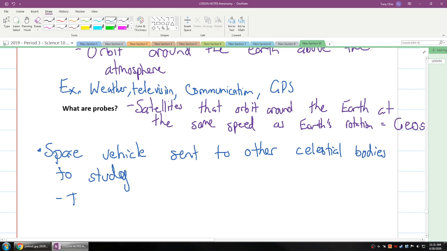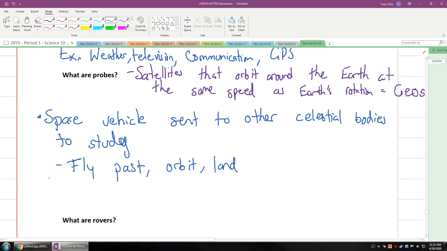They could fly there, fly past, they could orbit, or they could land. And because they are sent to far, far places, they do not need a crew, because they aren't going to return back to Earth.